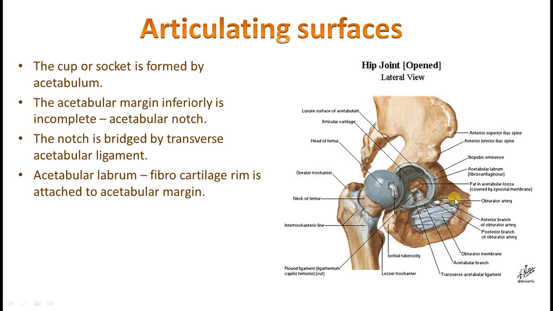If you look into the depth of the acetabulum, it is only filled by the acetabular pad of fat. This fat is not lobulated or thick. In the living state, the fat is present in a liquid form, and it is also called the Haversian fat.